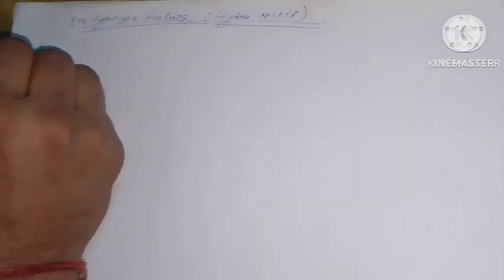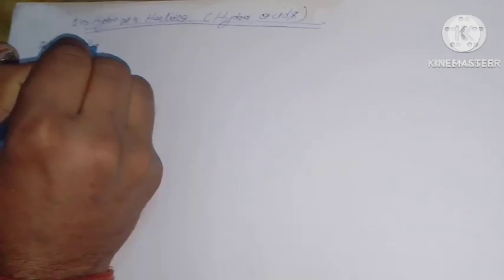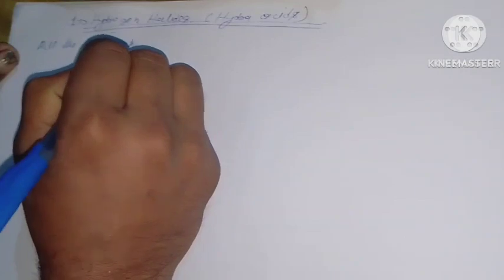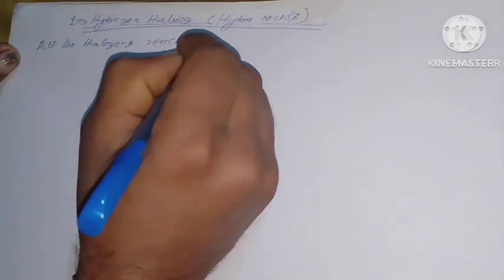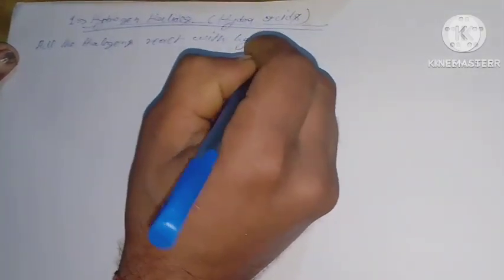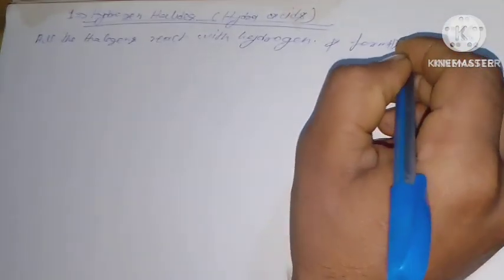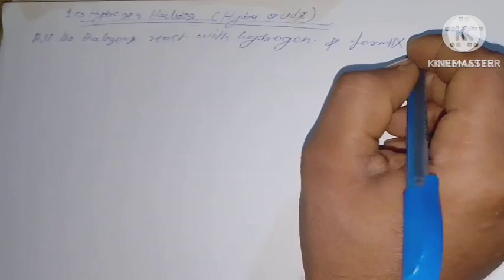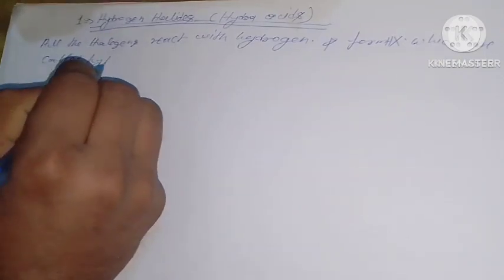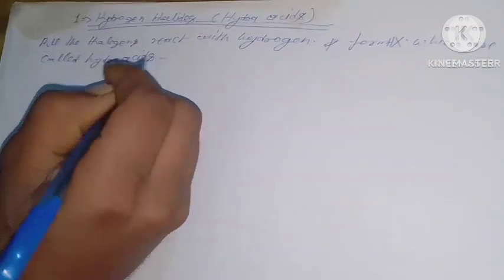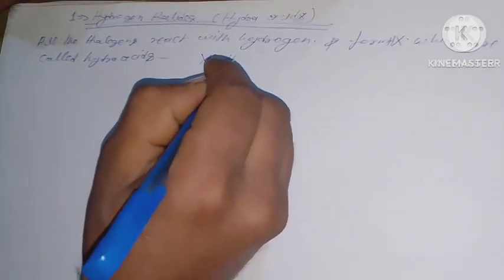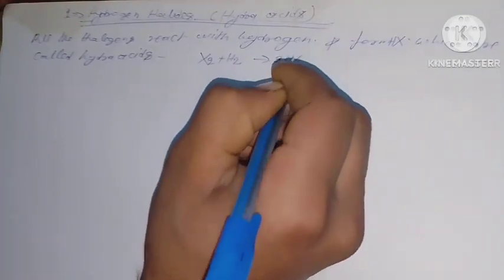All the halogens react with hydrogen and form HX, hydrogen halides, which are called hydra acids. H2 plus X2 makes 2HX.